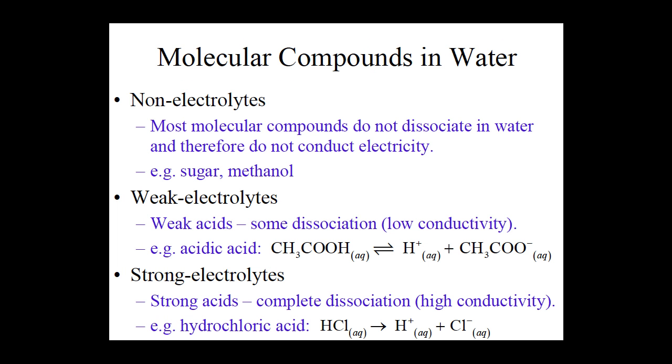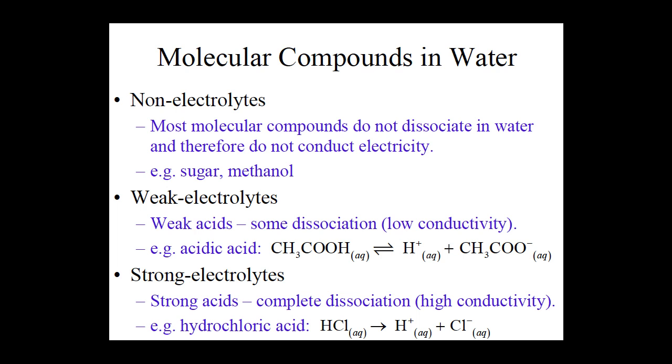Molecular compounds may or may not conduct electricity. Most do not. Acids, which we learn a lot more about later in the course, do. However, not all acids conduct electricity the same. For example, only a very small percentage of acetic acid, that's the acid in vinegar, dissociates in water, even though it is very soluble in water.